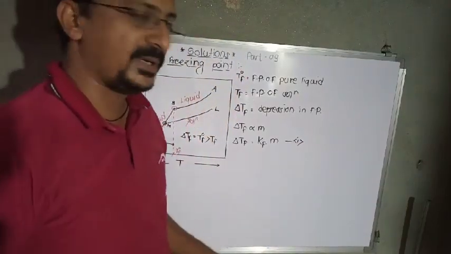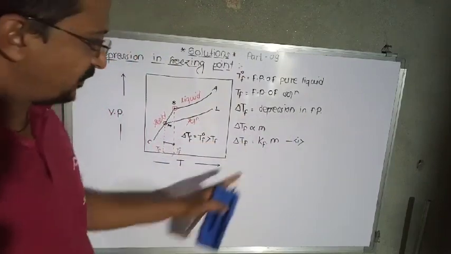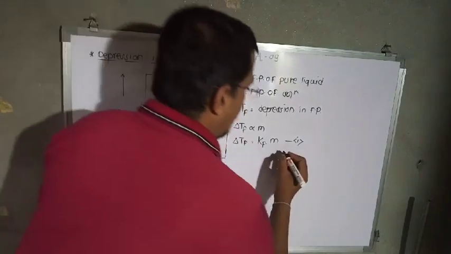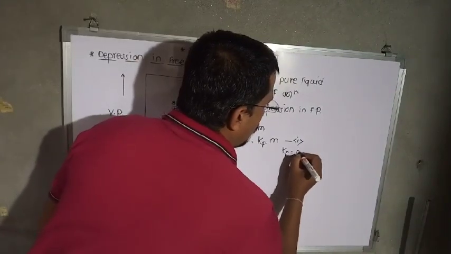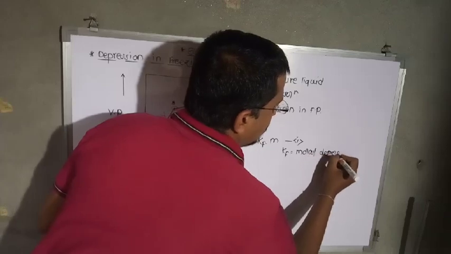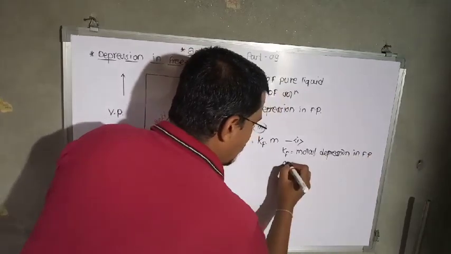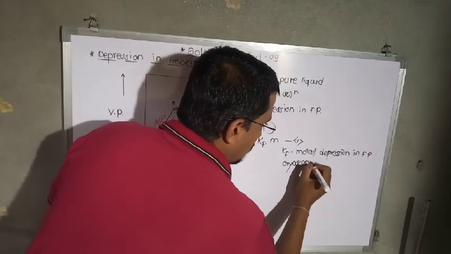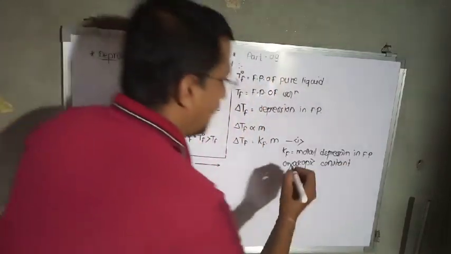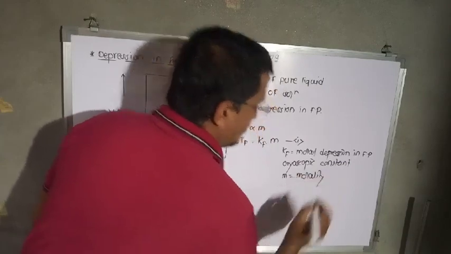Delta TF is equal to KF into m, where delta TF is the depression in freezing point, KF is the molal depression in freezing point, also called the cryoscopic constant, isn't it? And where m is the molality.